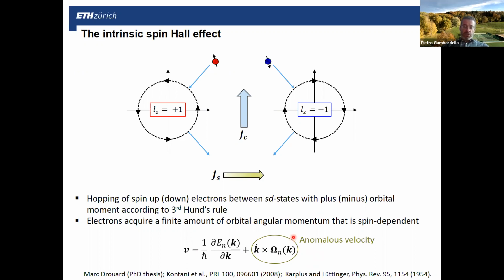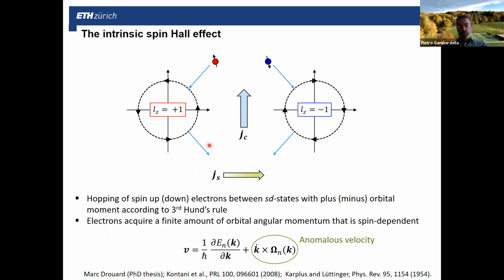But the easiest way to understand them, in my opinion, at least from an intuitive point of view, is by imagining that electrons that travel in a metal, for example, in a transition metal, will hop between atomic sites. And in doing so, they sort of jump onto orbitals that are localized at atomic sites.